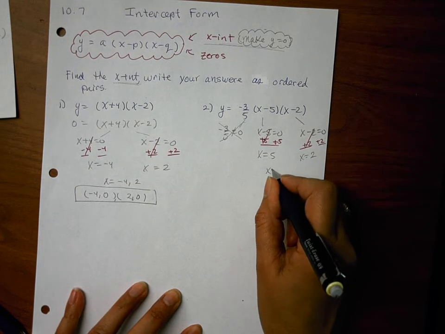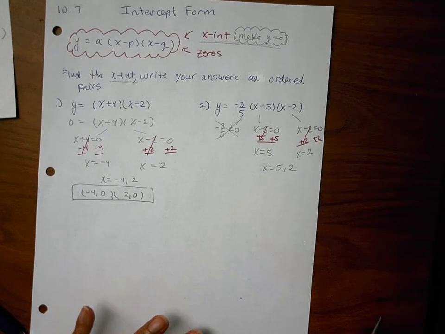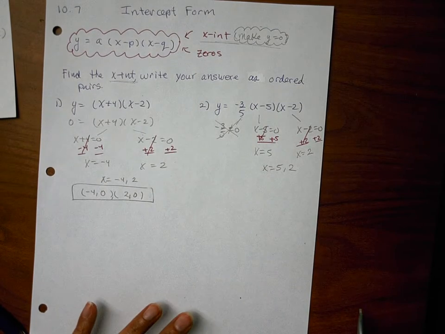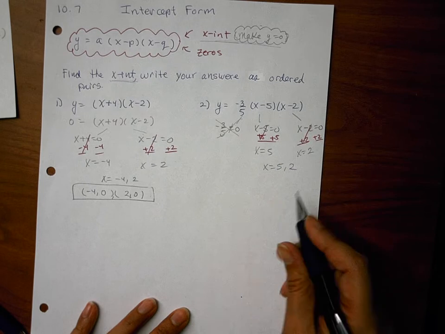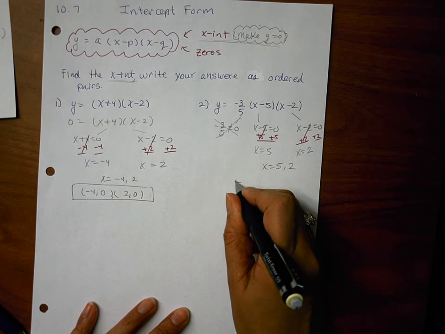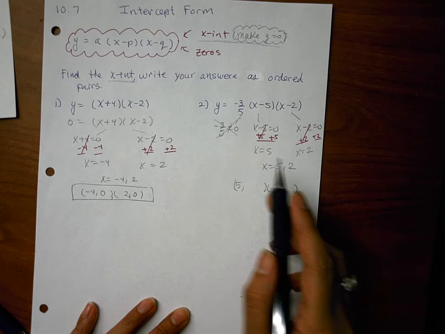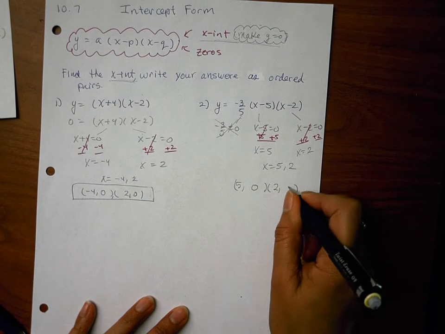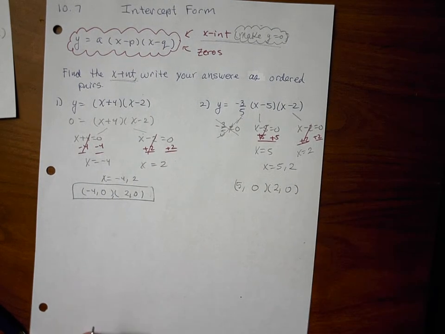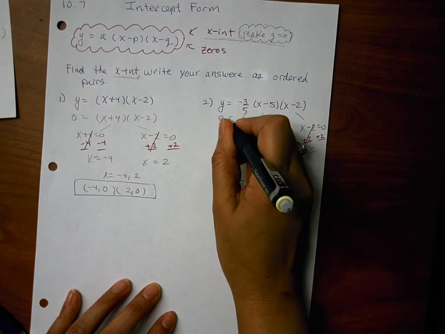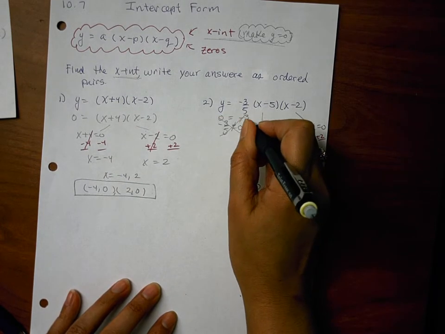So again, we wrote our answers like this before, x equals 5 comma 2 with no parentheses because this is not an ordered pair, but if they ask you to write your answers as ordered pairs, they're two separate ordered pairs. What are your y values? 0. Now, in the beginning, my mistake, and I apologize, I just went straight into solving. Technically, I should have made the equation equal to 0, so I'm going to squeeze that in there.